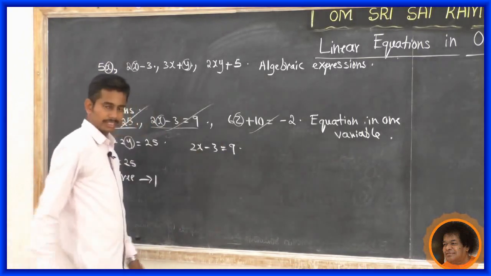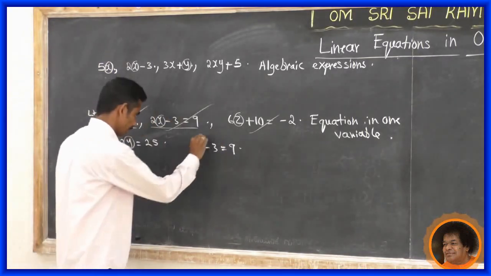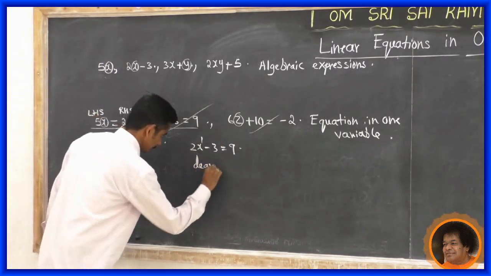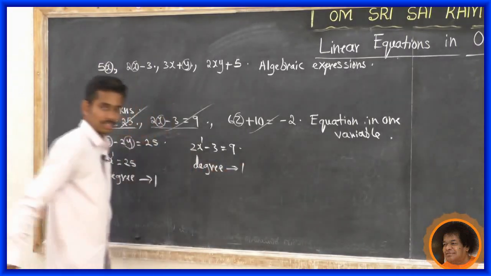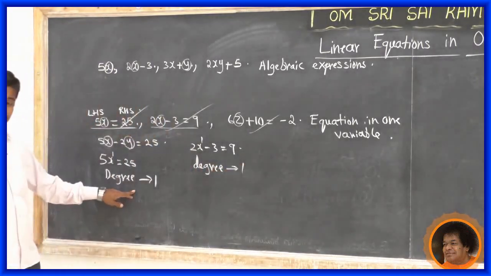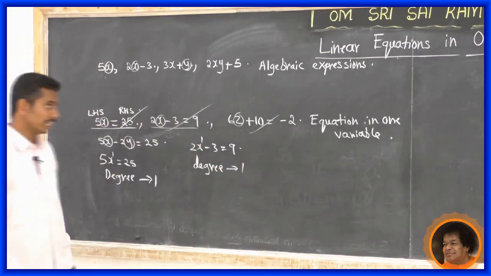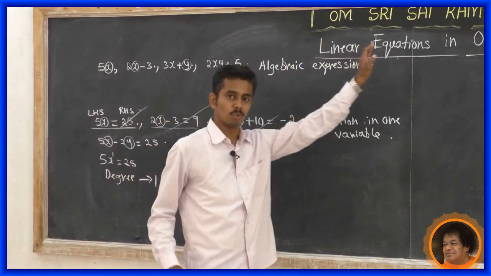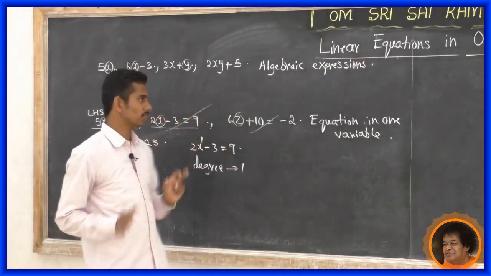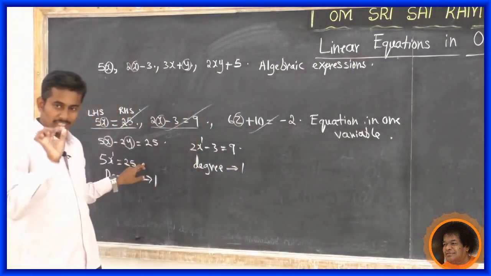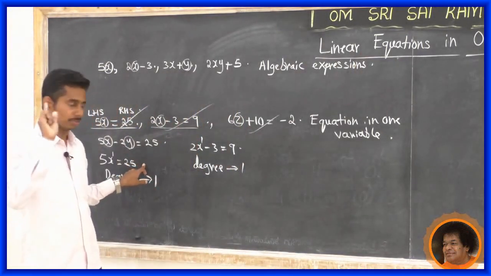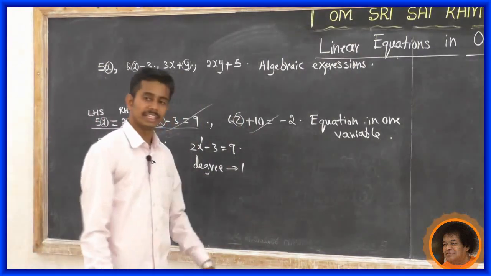What is the variable? x. What is the highest power? 1. So what is the degree? It is also 1. The highest degree of the equation is 1, so it is a linear equation in one variable. Very simple. Linear equation means the highest degree of the equation must be 1. Then it is called a linear equation.